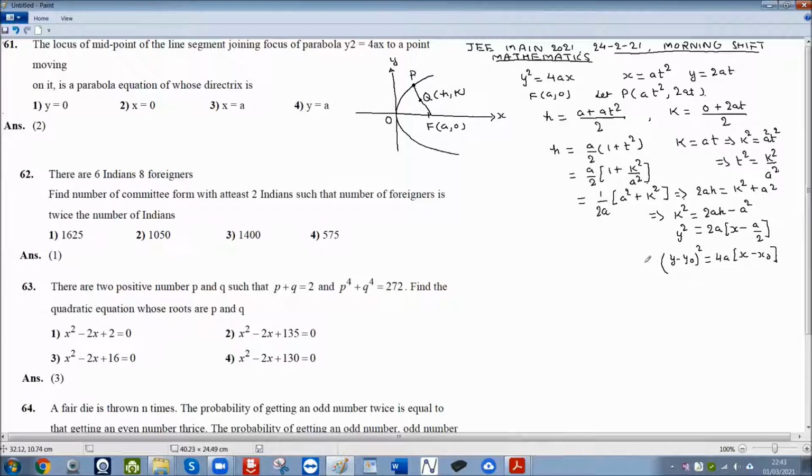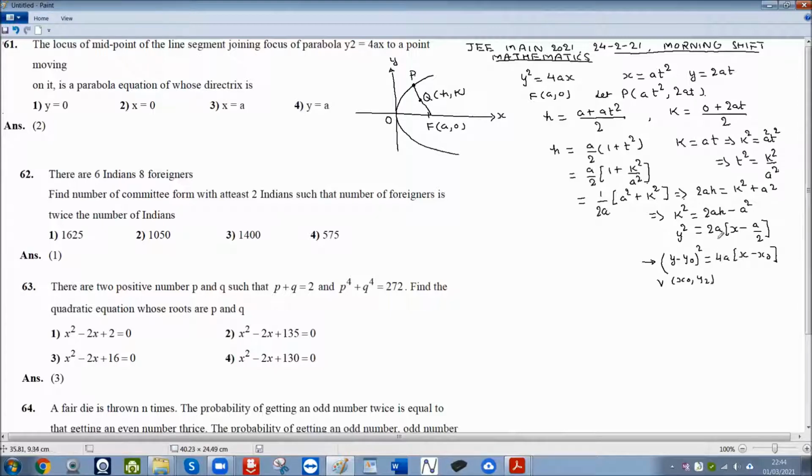Now, this equation represents a parabola whose vertex has been shifted to the point x naught, y naught, and the axis remains parallel to the x-axis.